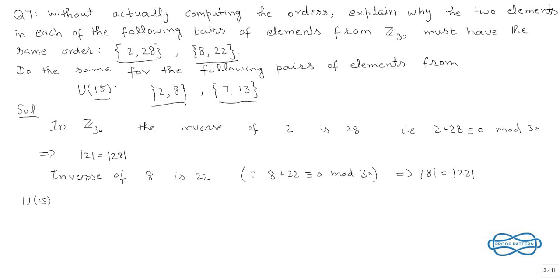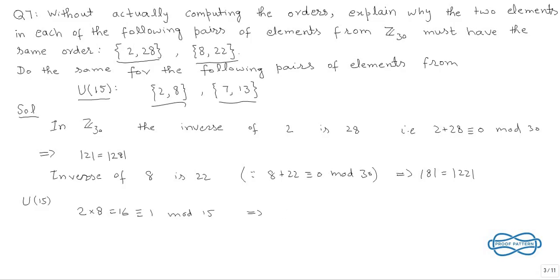We know that if we multiply 2 with 8, we will get 16, which is congruent to 1 mod 15. Therefore, 2 and 8 are inverses of each other, and an element and its inverse have the same order.